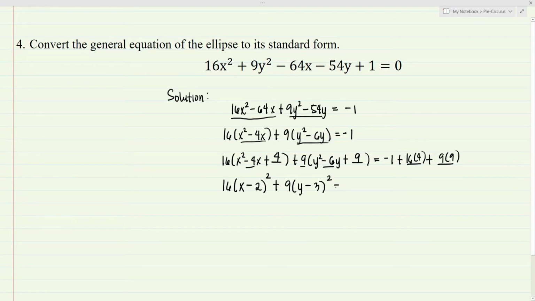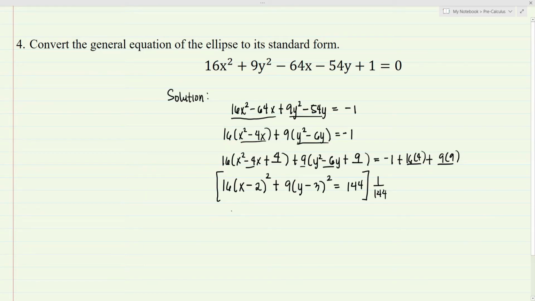Now, on the right side of the equation, we will just have to simplify this one. So I will have here negative 1 plus 16 times 4 plus 9 times 9. Simplifying it, I will have here 144. Okay? Next step is to divide both sides of the equation by 144 in order for the right side of the equation to be equal to 1.